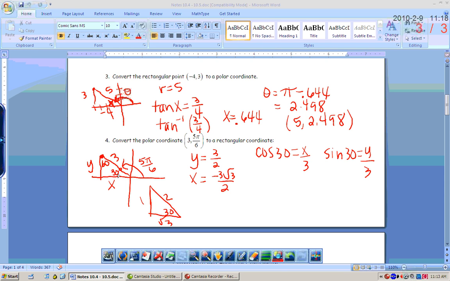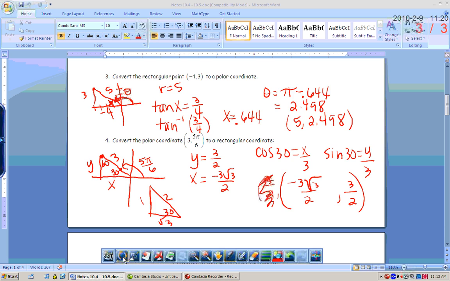If you use the 30 degrees, the reference angle, then you have to remember that your x value is negative. You could actually have used the 5 pi over 6 instead of the 30 and gotten, because the sine of a second quadrant angle is still going to be positive, which our y value should be positive, but the cosine of a second quadrant angle is negative, so it would have given you the negative right there. There we go.